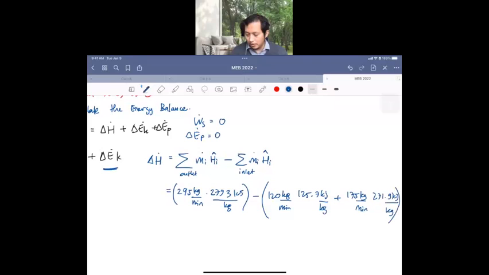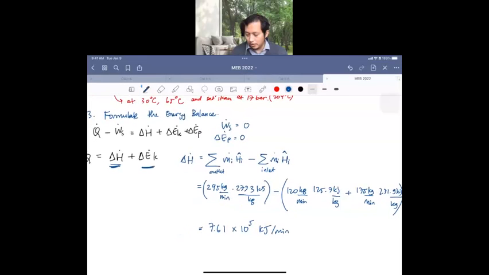Now we can calculate. If you have calculators, you can calculate this, and it's supposed to be 761, or if you want to make it decimal, 7.61 kilojoule per minute.